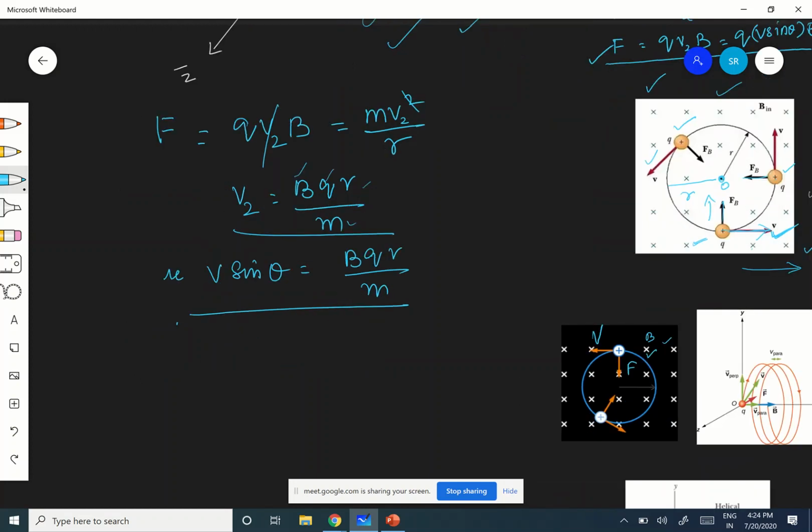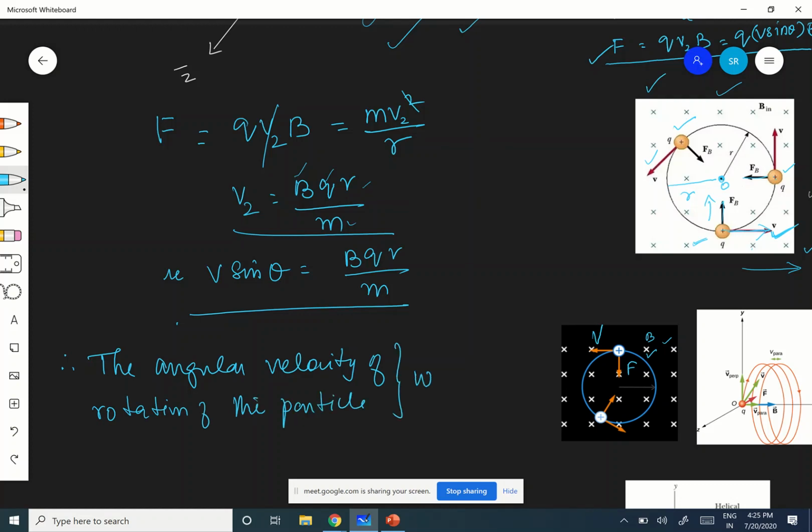Right. Now, because it is moving in a circular path, I need to give one expression for angular velocity also. Therefore, the angular velocity of rotation of the particle is omega. Okay, that omega, you know, v is equal to r omega, right? So omega is equal to v by r, v2 by r.